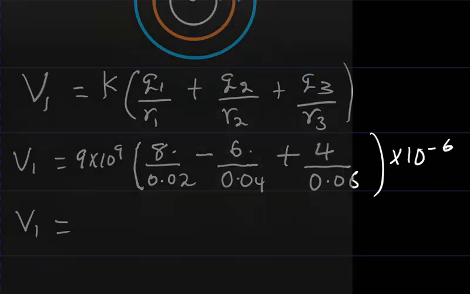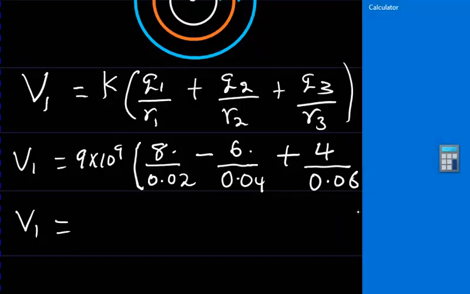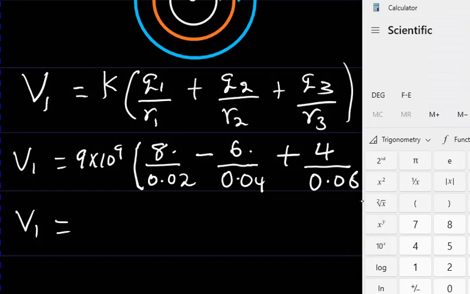So 8 divided by 0.02 is 400. Then minus 6 divided by 0.04, that is 250, so minus 150.